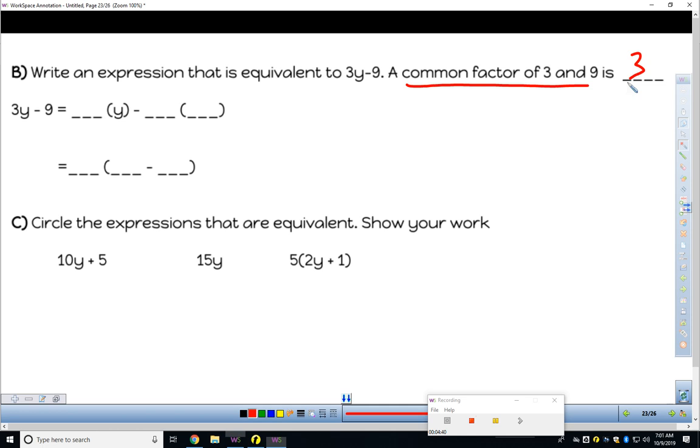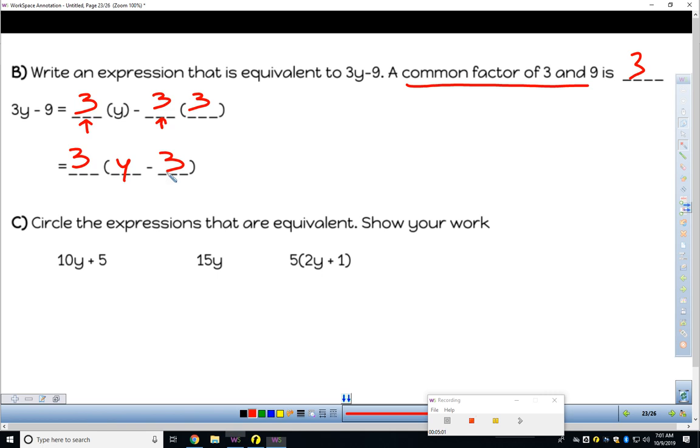So the first step here would be to separate it out. 3 times y, and then 9 is 3 times 3. Because both of these pieces have a 3, it becomes 3 times y minus 3.